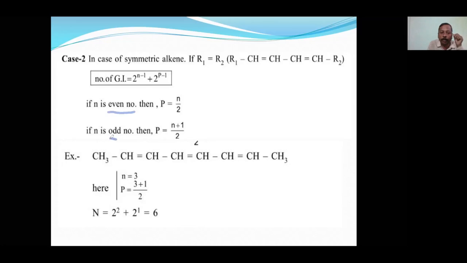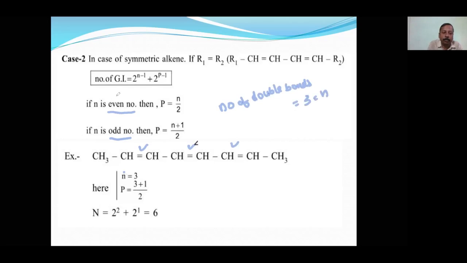If the number of double bonds is odd, like here, 1, 2, 3, three double bonds are there. The number of double bonds is odd, then we will use n plus 1 by 2. n is equal to what? The number of double bonds, which is equal to 3.